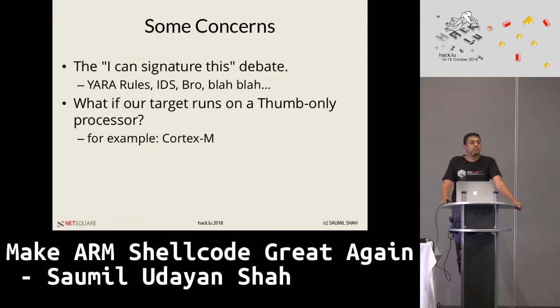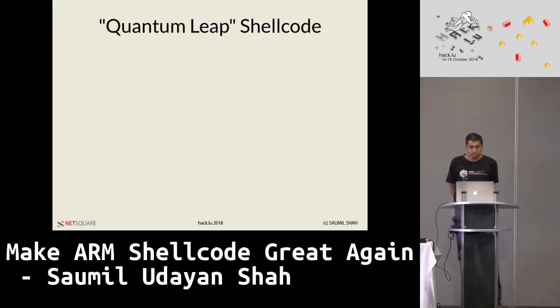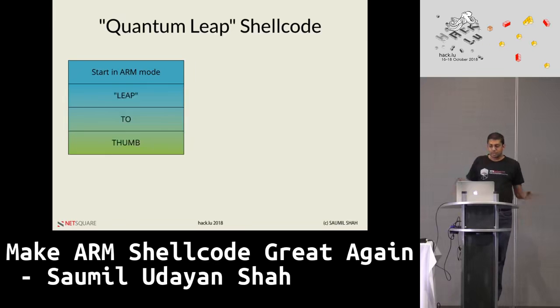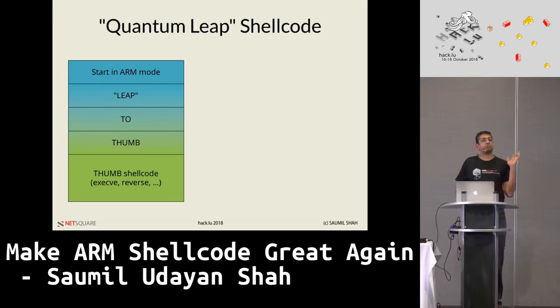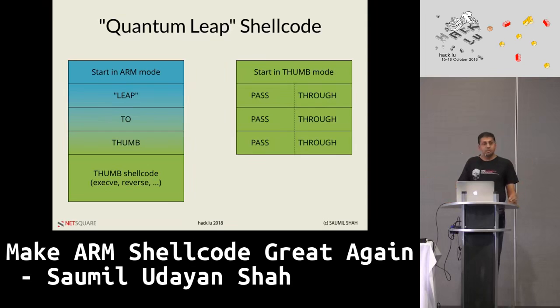So this led me to come up with the whole theory of one shellcode to run them all. The goals of quantum leap shellcode are something like this. You may start in ARM mode. The first thing you want to do is very quickly leap to thumb mode. And then the rest of your shellcode should be in thumb mode, which is usual. But if you started in thumb mode, the same instructions that cause you to switch to thumb mode should do nothing in thumb mode.